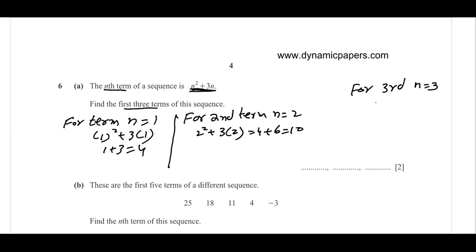It will be 3 squared plus 3 into 3. What is 3 squared? 3 squared is 9, plus 3 into 3, 9. So it is 18. So the three terms of the sequence will be 4, 10, and 18. Please check the calculation carefully if any calculation is involved. So 4, 10, and 18 are the terms of the sequence.